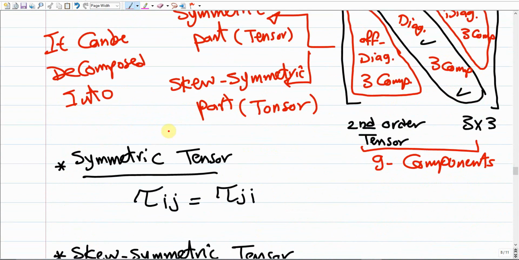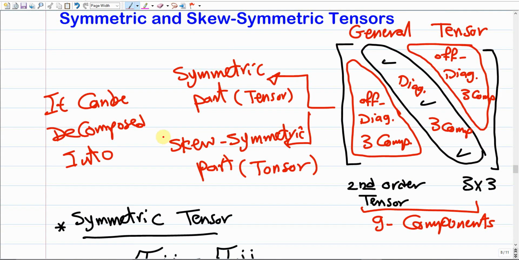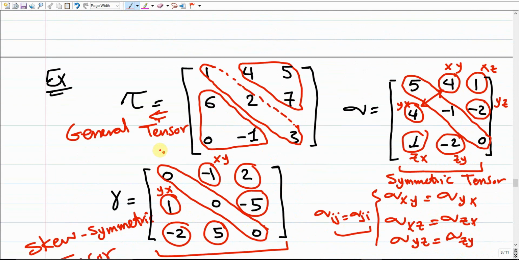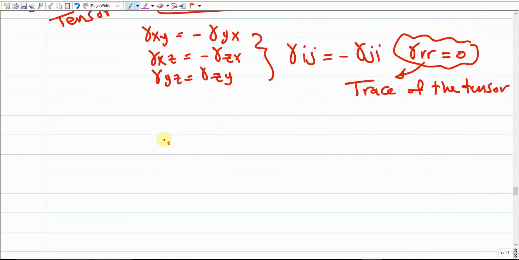Then we discussed the symmetric and the skew-symmetric parts, that we said the tensor can be decomposed into symmetric and skew-symmetric parts. For now we distinguish between these symmetric and skew-symmetric tensors in general. But how can we obtain the symmetric and skew-symmetric parts?